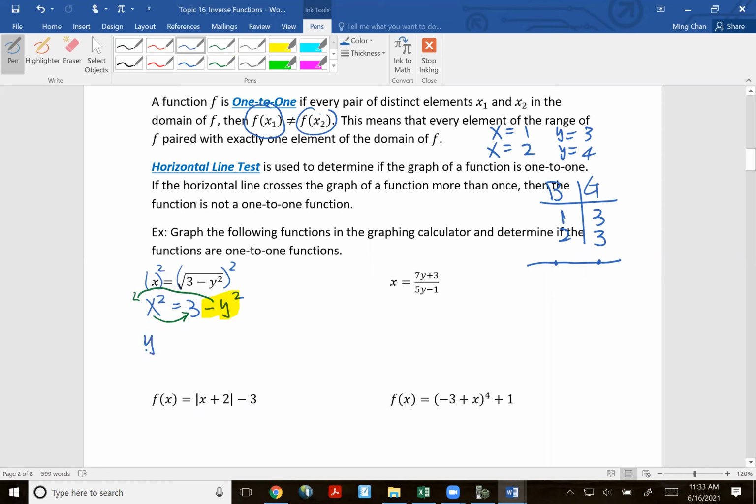So that will be positive y squared equal to negative x squared plus 3. All right, to get y by itself, now I will take a square root on both sides. And remember, when we take a square root on both sides, my answer should always be positive and negative.